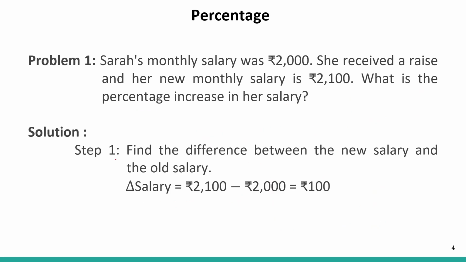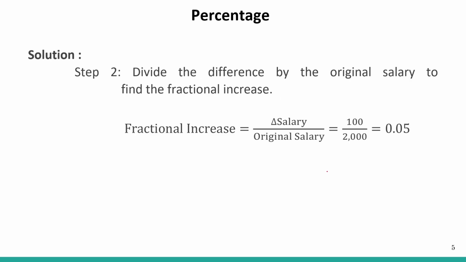Let's see the step-by-step solution. First, we found the difference between the new salary and the old salary. Since the difference is positive, the new salary is greater than the old salary. That was 100. Step 2: divide the difference by the original salary to find the fractional increase.